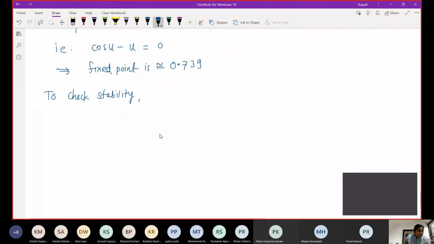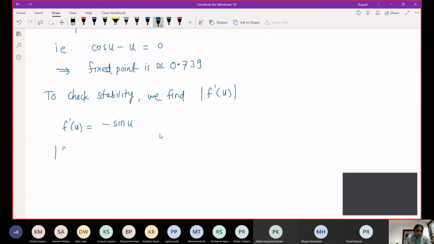Okay. So to check stability, we find the mod of f dash at u. If f(u) is cos u, what is f dash at u? It is minus sine u.